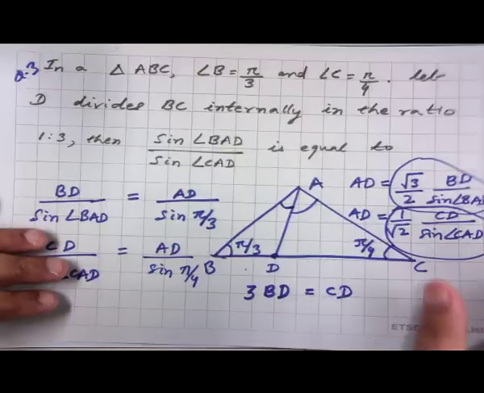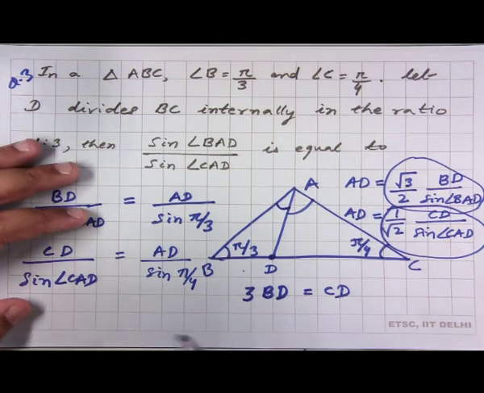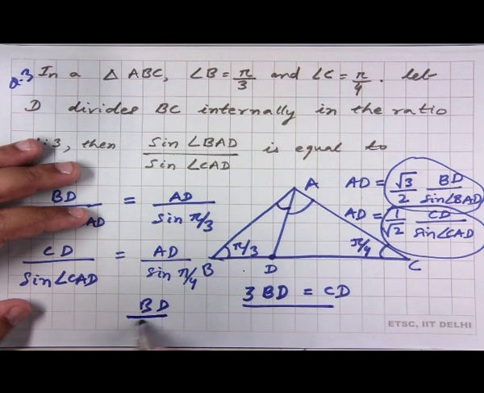But we already know that BD divided by CD is equal to 1 by 3.